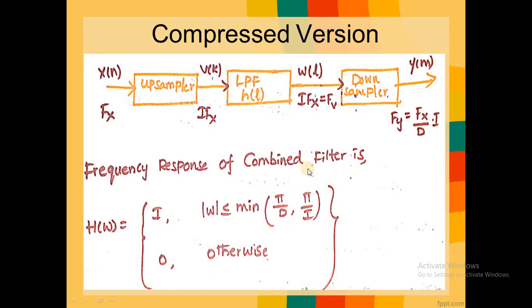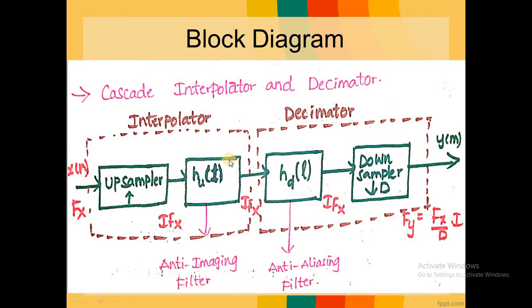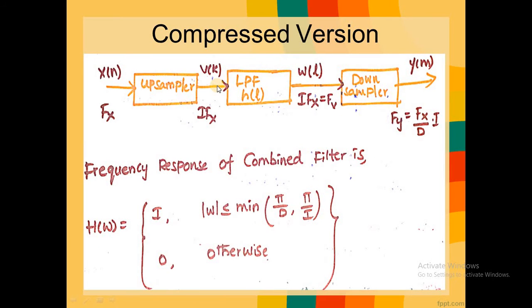Remember, the frequency response of the combined filter. We had already discussed the frequency response of the anti-imaging filter, and we already know the frequency response equation of the anti-aliasing filter. But this combined low pass filter is the combination of the anti-imaging filter as well as the anti-aliasing filter.